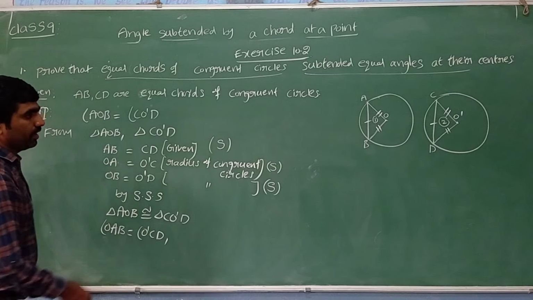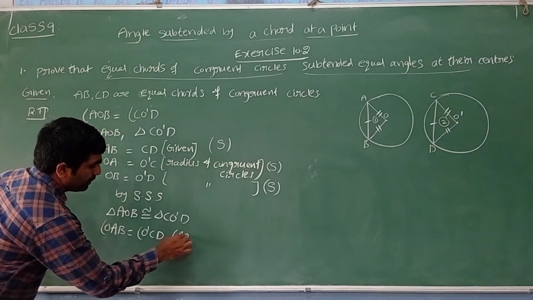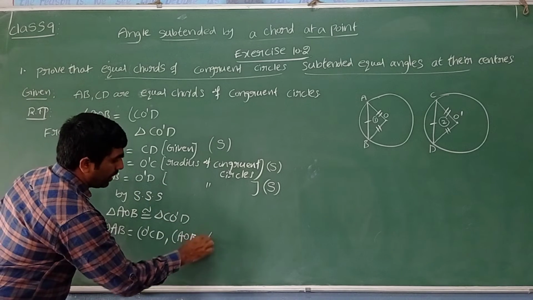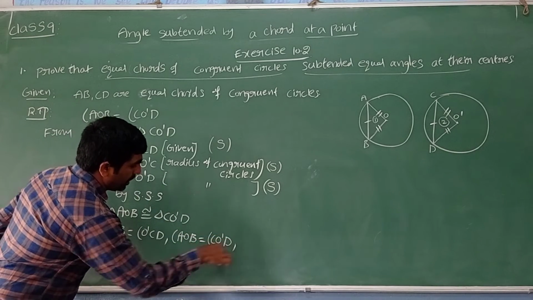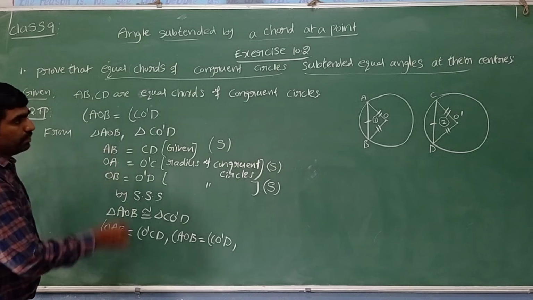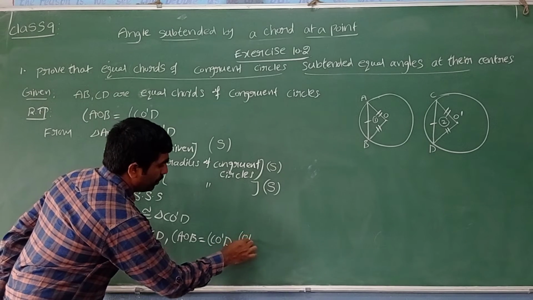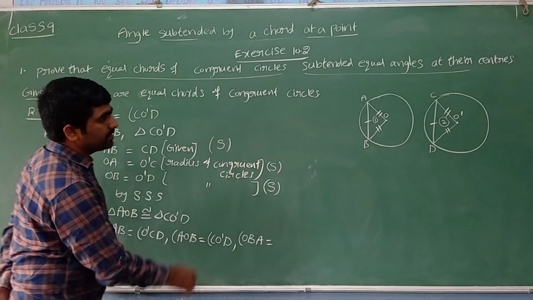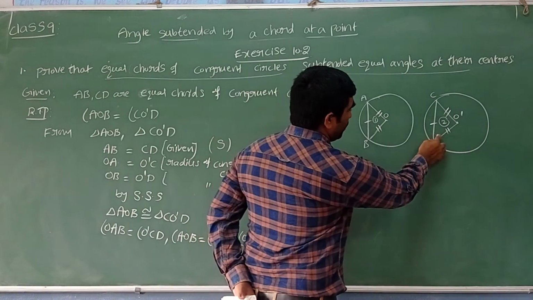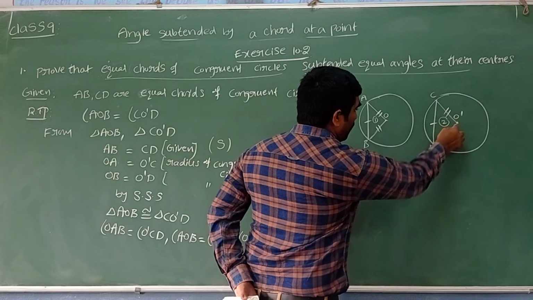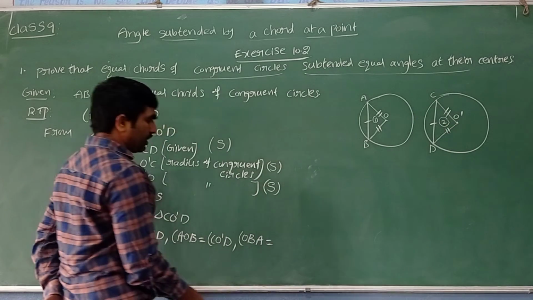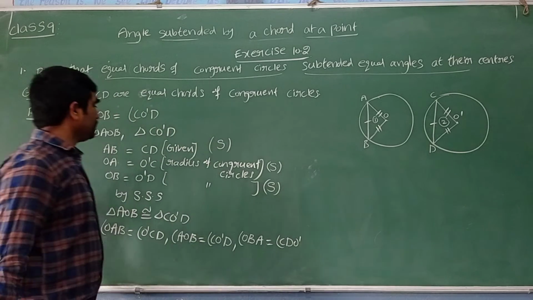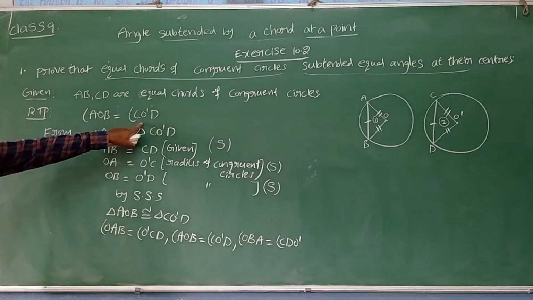Angle O in the first triangle, angle AOB, is equal to angle O dash in the second triangle, angle CO dash D. Angle B in the first triangle, angle OBA, is equal to angle D in the second triangle. I am writing angle CDO dash. Both the angles are equal. Yes, I got here.